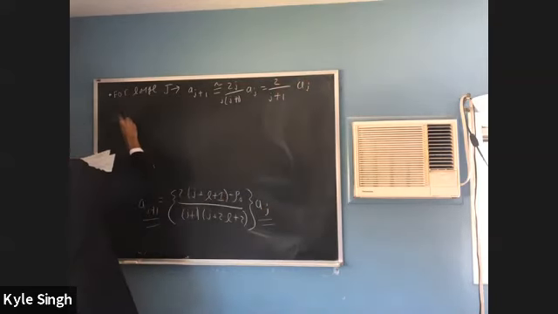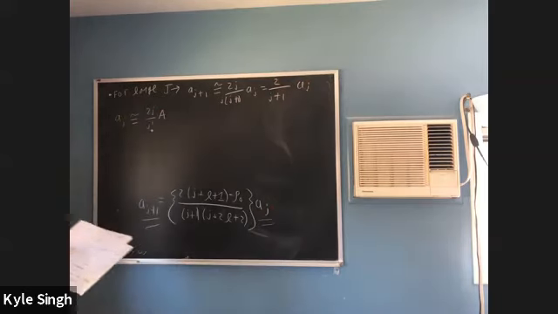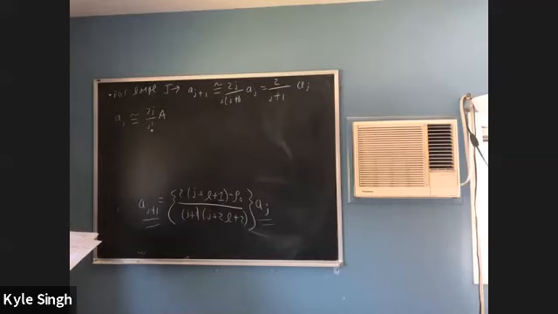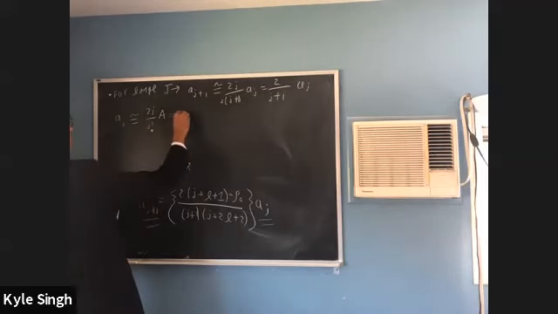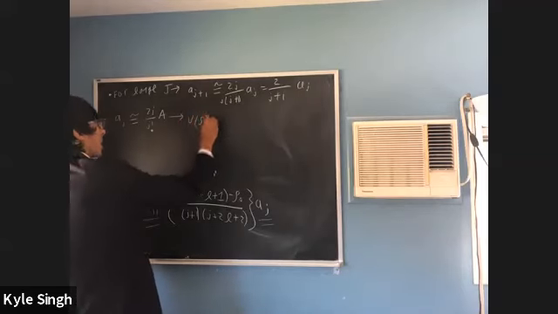Okay, and then a_j goes to 2^j over j factorial times some constant, A. Okay, now we can write v of rho in the following way, using these approximations.